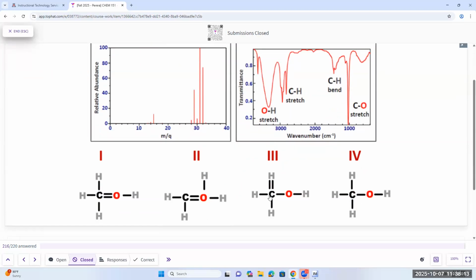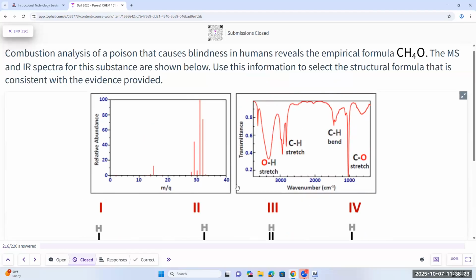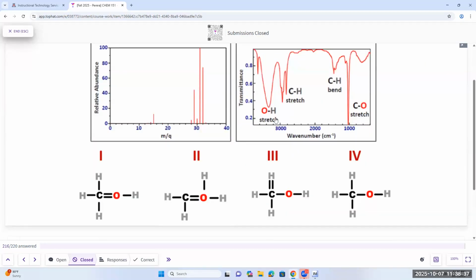Now, the caveat here is this. All of these molecules have the same number of hydrogens, 4, same number of carbons, and same number of oxygens, 1 and 1. Therefore, the mass spectrum is useless, to put it bluntly, because everybody has the same mass. So the only thing that matters to us here is the IR spectrum now.